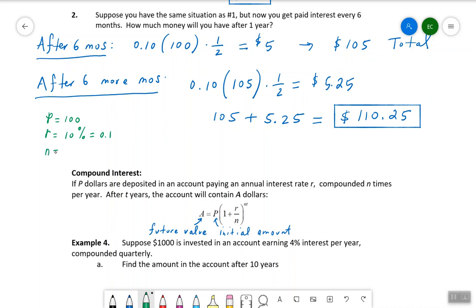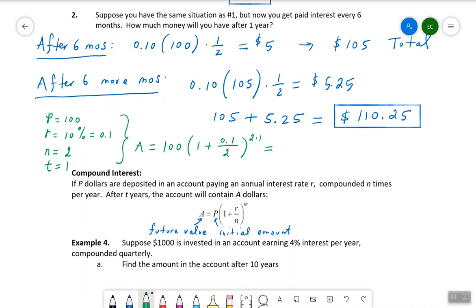And then N is the number of compounding periods. So every 6 months would be 2 compounding periods over the course of a year. And then T is just 1 year. And so if we put all that into our formula, then the future value is 100 multiplied by 1 plus R, which is 0.1 divided by 2, raised to the 2 times 1 power.